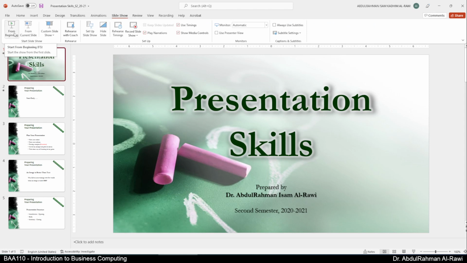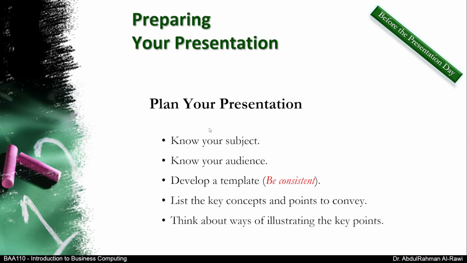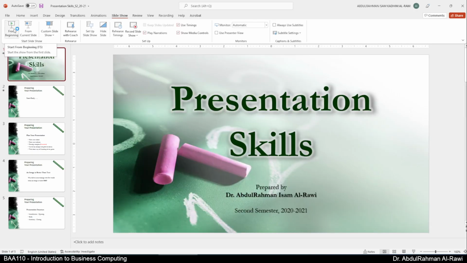From the beginning, it's going to start the presentation from the first slide. From current slide, it's going to start the slideshow from the current slide. So if you're selecting this and you press from current slide, you are starting from here. If you select from beginning, you are starting from here. Okay, so you have more than one method to start your slideshow actually.